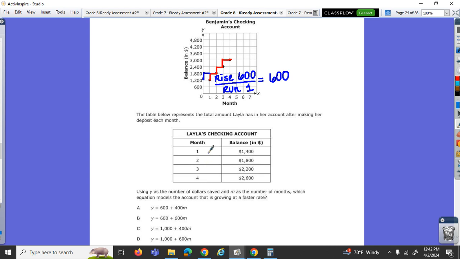For Layla, we need to make sure that we are using our rate of change here. We'll use our usual x1, y1, x2, y2, and get our rate of change.